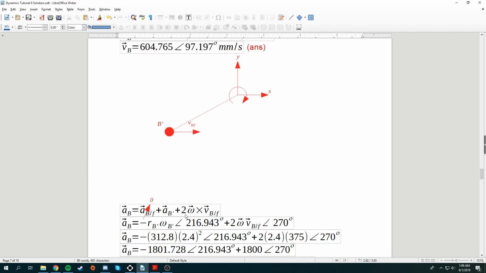Because omega is negative, your thumb should be pointing into the paper, index finger pointing towards the right, and you realize that your middle finger is actually pointing down. That's why it's 270 degrees.